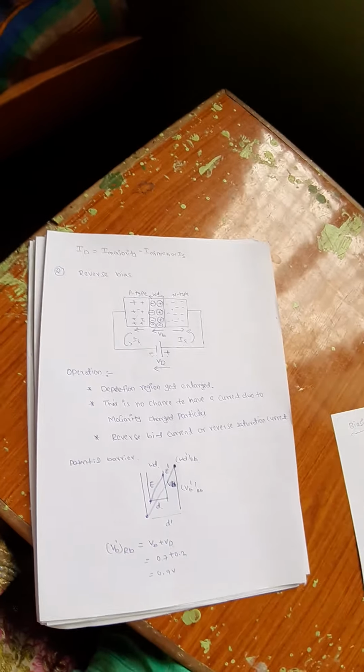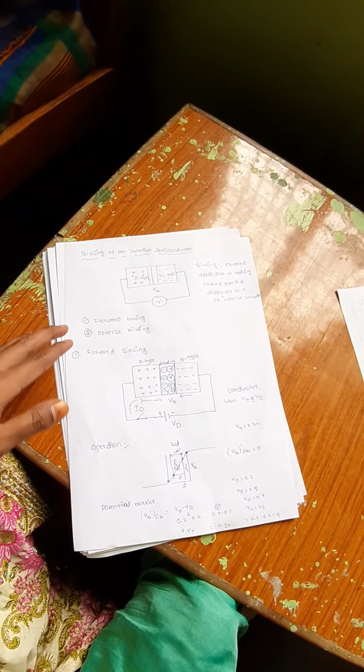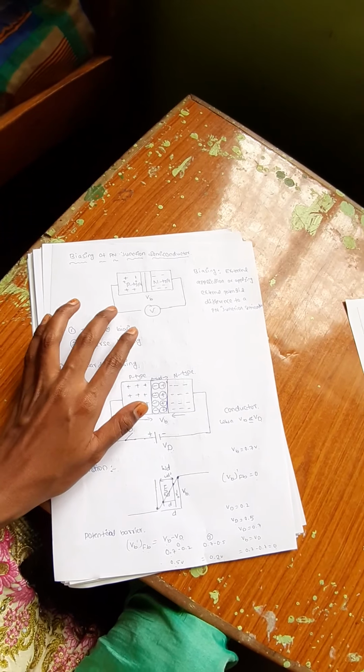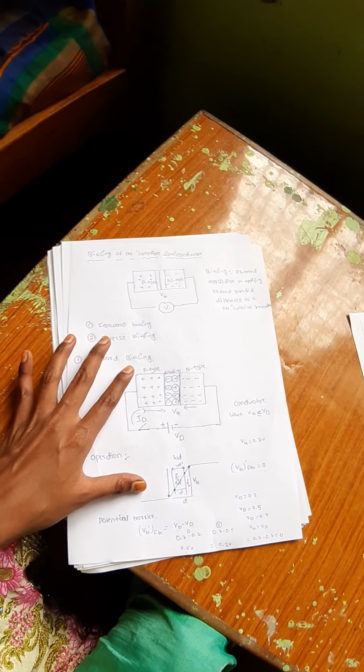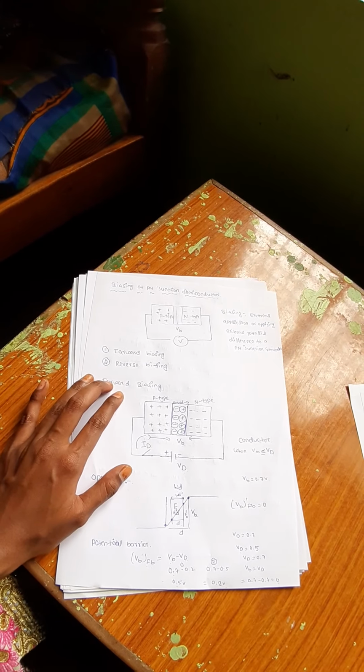So this is about forward bias and reverse bias. Biasing is nothing but giving an externally applied voltage to the PN junction semiconductor. So there is a change in the potential barrier or the depletion region, and the flow of current also changes due to the externally applied voltage. There are two types of biasing that we call forward biasing and reverse biasing.